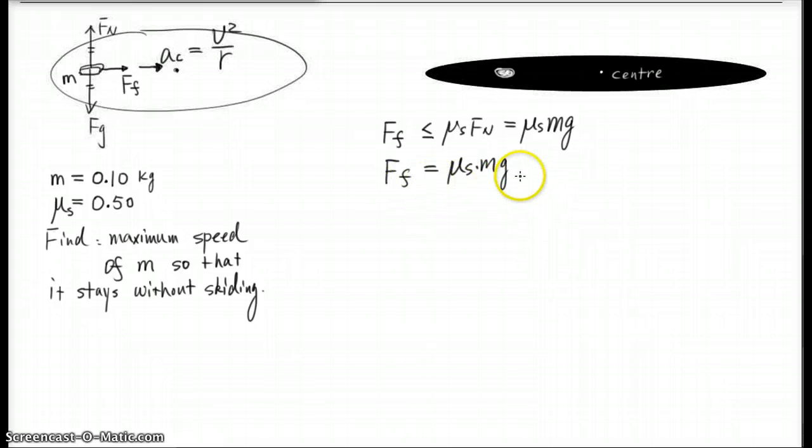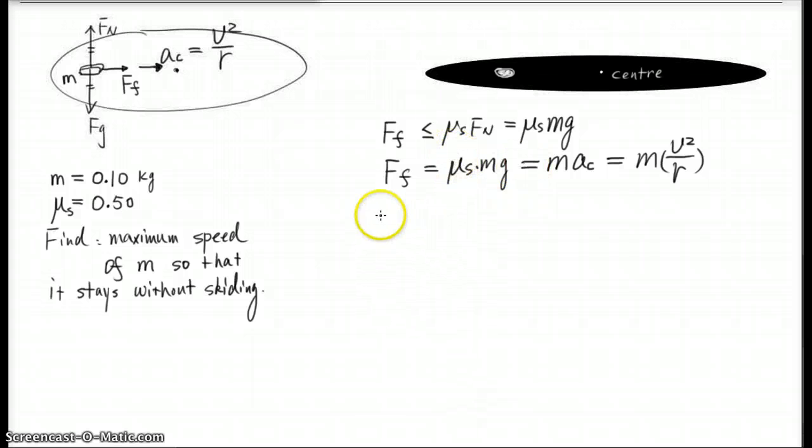And this static friction provides the centripetal force, which equals the mass times the centripetal acceleration. We know the centripetal acceleration equals v squared over r, which is Ac.